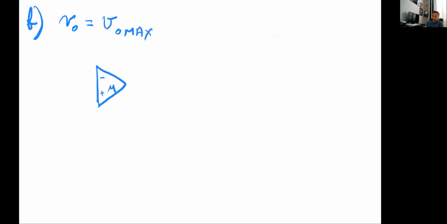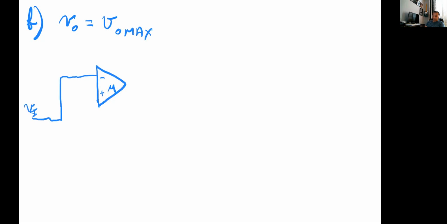So essentially, what we're looking for is what is that output voltage, which we're going to call VO max. So let's look at the P channel case. Now for that, what is helpful is to look at that P channel case where we have our error amplifier here, and we have our V-in.